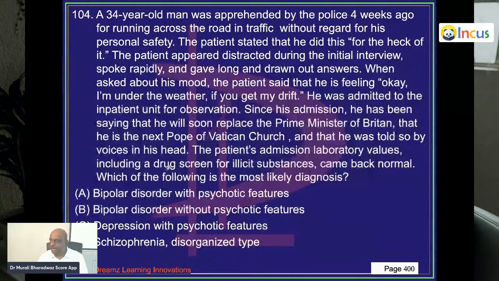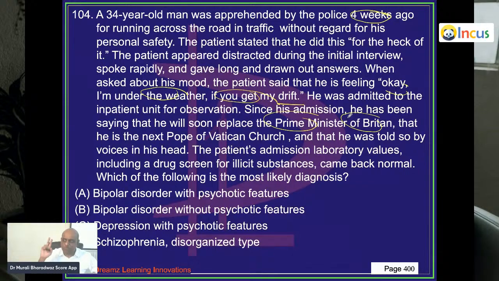A 34-year-old man was apprehended by police 4 weeks ago because he was running across the road and saying, okay, I am under the weather if you get my drift. He also thinks that he will soon replace the Prime Minister of Britain, instead of Sunak he will become.